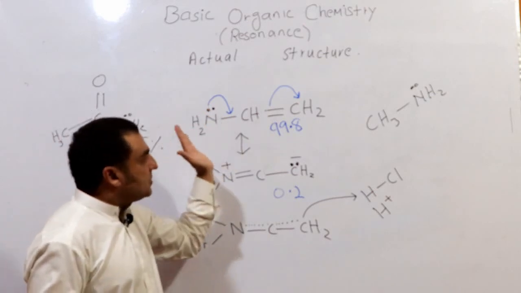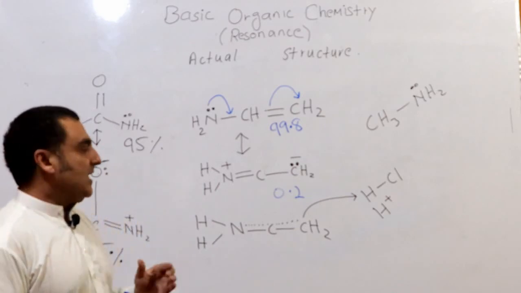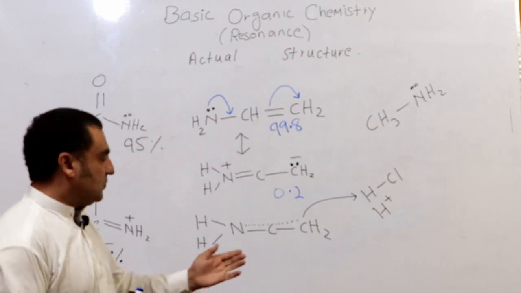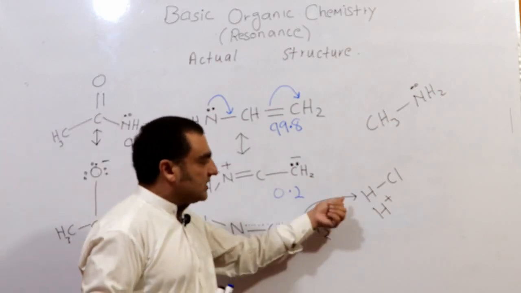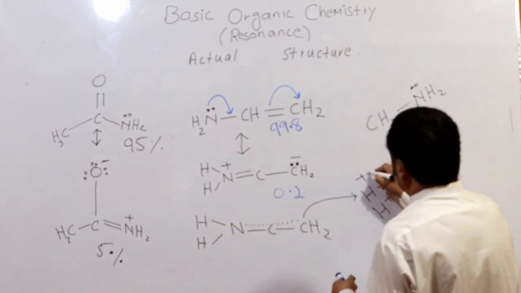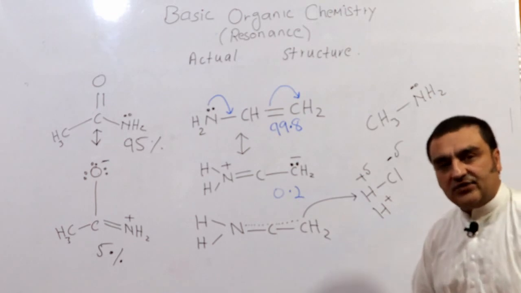So that 0.2% shifts to the carbon, and now it will be attacked by HCl. Now the negative carbon will attract the HCl, because in HCl, as you know, it is partially positive and partially negative because of the inductive effect.